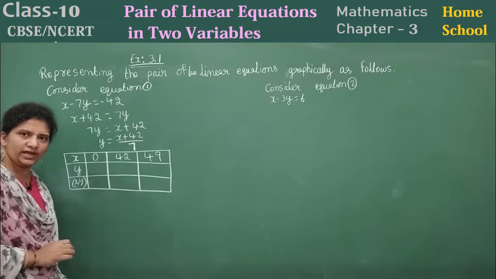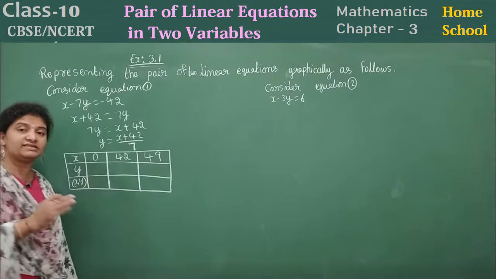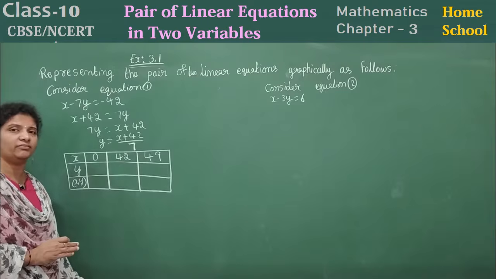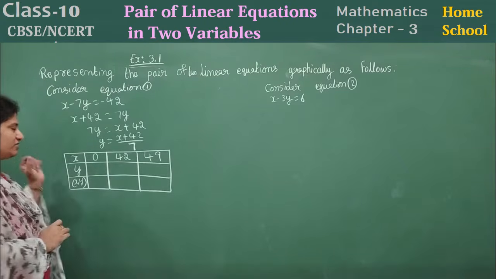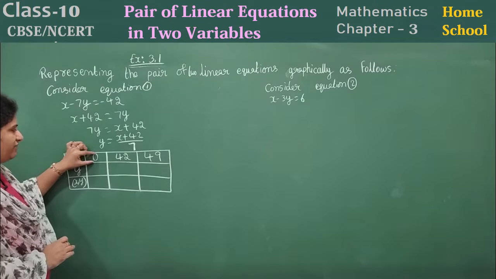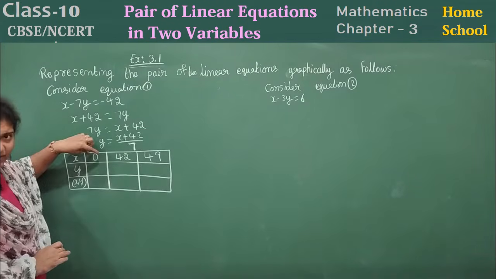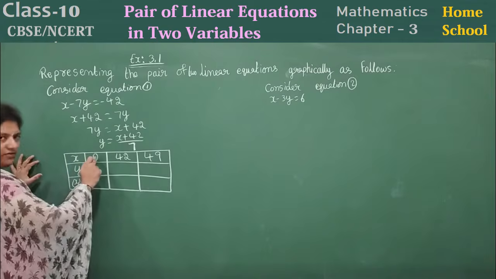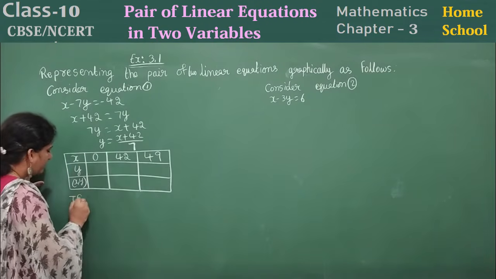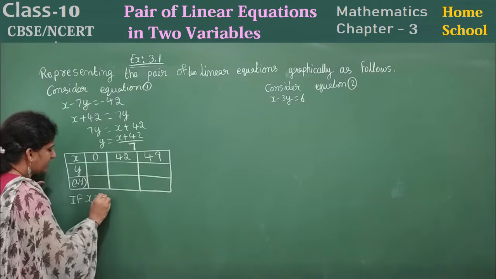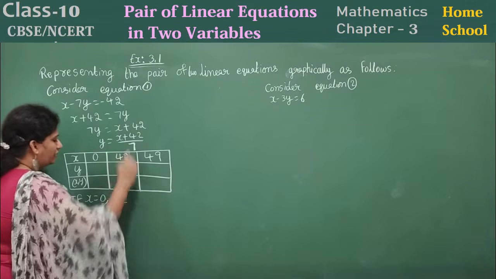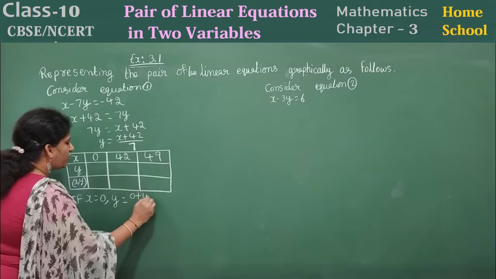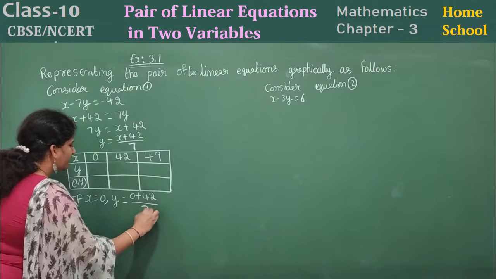Any x value you can take, your wish. But how the exact answer will come, that is a trick. I am going to tell you that also. Now, every term you have taken here, let us solve. If x equal to 0, substitute x value 0 in this equation: 0 plus 42 by 7.